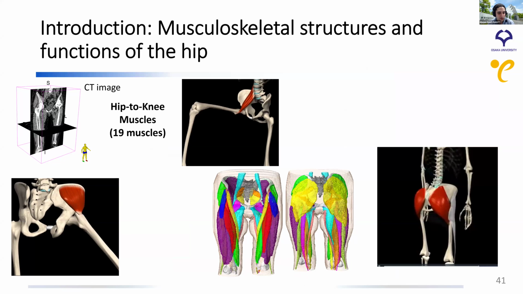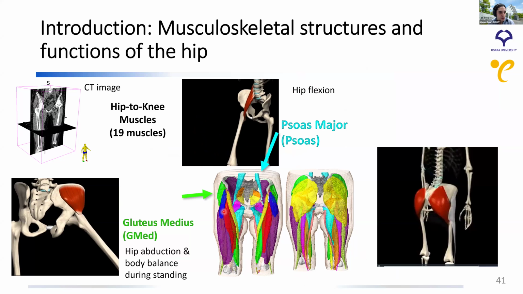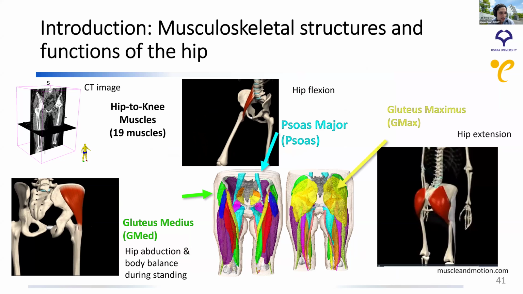So take an example, this blue muscle, it's called the psoas major muscle. So this muscle helps us in the flexion of our hip. The other muscle, the green one here, is a small one, called the gluteus medius, but it helps us in doing the abduction and achieving balance during standing. The yellow big one is called the gluteus maximus muscle.